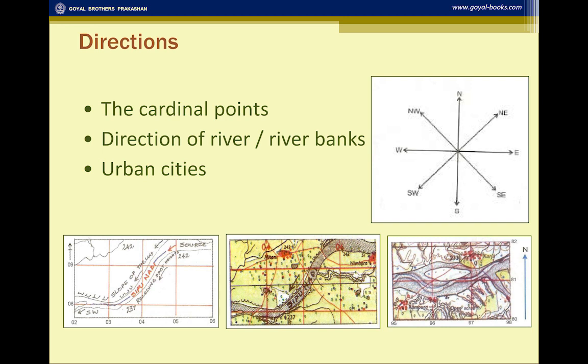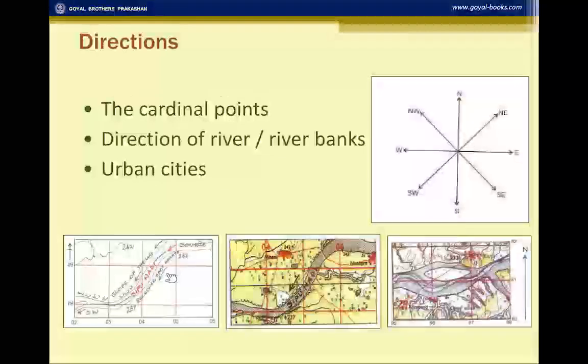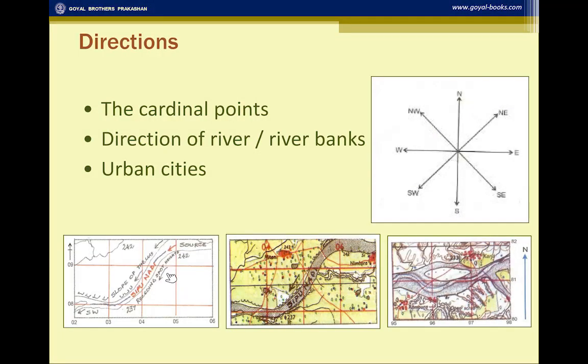Now, suppose there is a question on in which direction the Sipu Nadi is flowing. We have to first look at the spot heights. You can see the 242, 237. This means the spot heights are receding from northeast towards southwest.